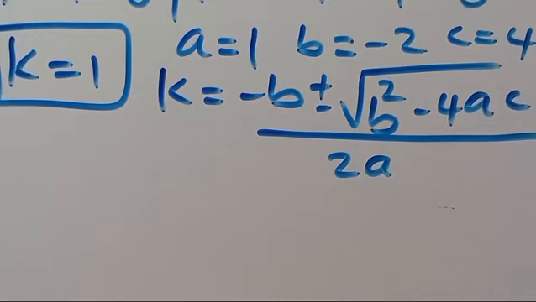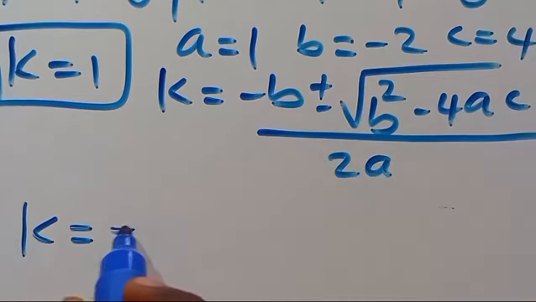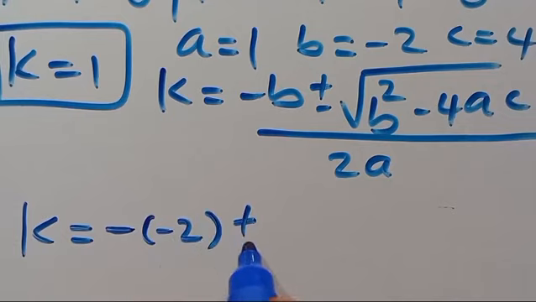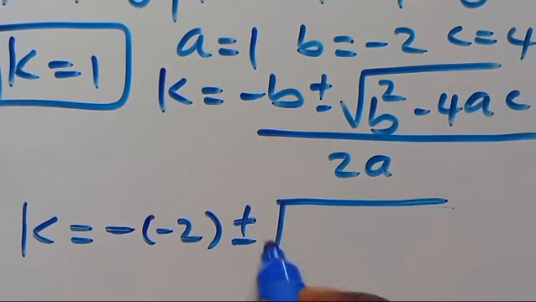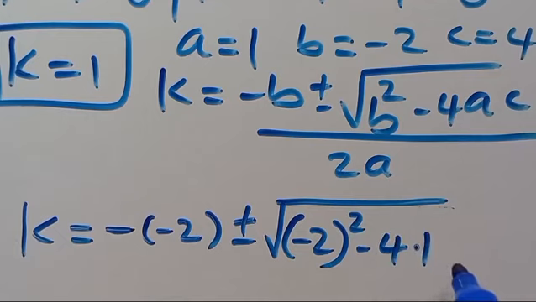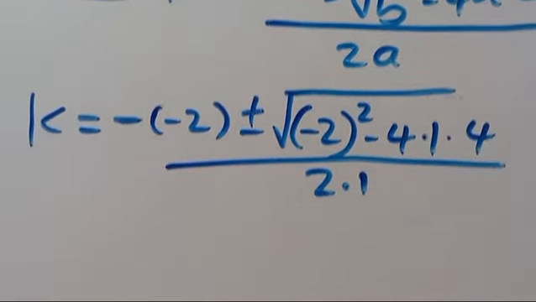So k equals minus outside into −2, positive or negative root of (−2) in parentheses to the power of 2 minus 4 times a, which is 1, times c, which is 4, divided by 2 times 1.